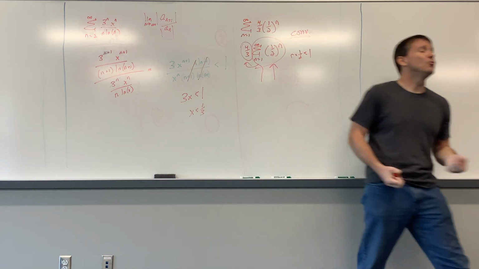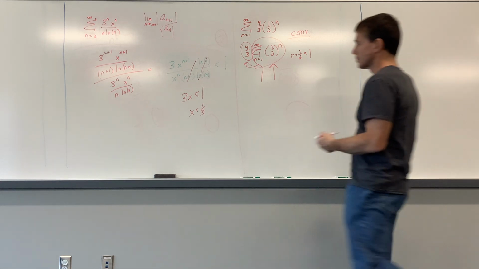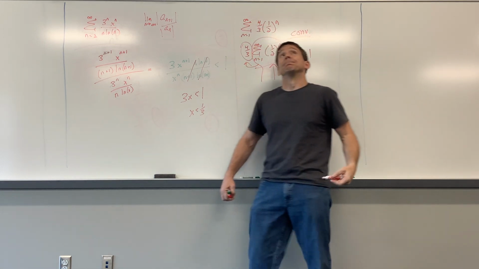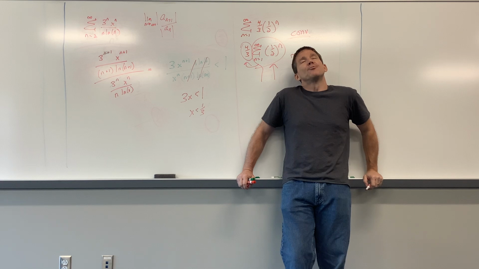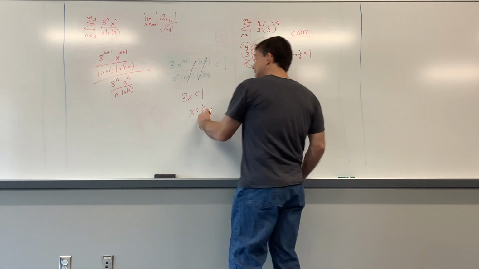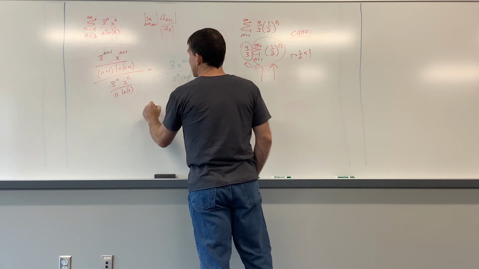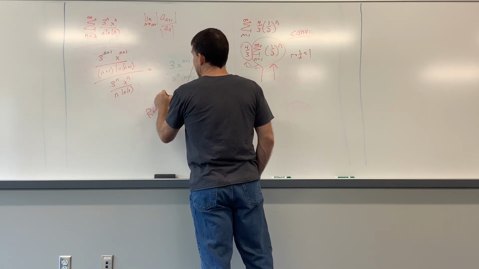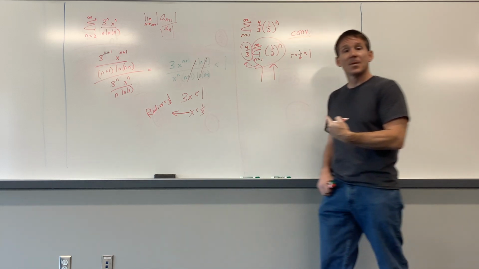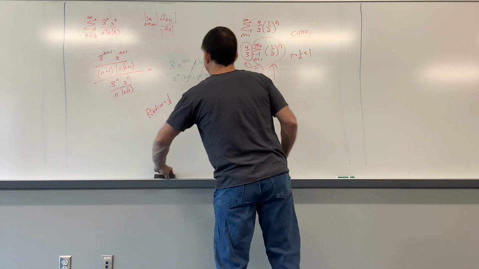And if you remember from calc 2, there is a radius of convergence and an interval of convergence. This one asks for the interval of convergence. What this means is this is your radius of convergence. So R, your radius of convergence, is equal to 1/3. Then you use that to get the interval of convergence.